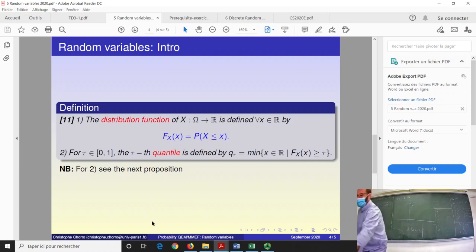It means that when x is strictly negative, my value is 0. Here I plot this one. Second case, so I have 0 here.